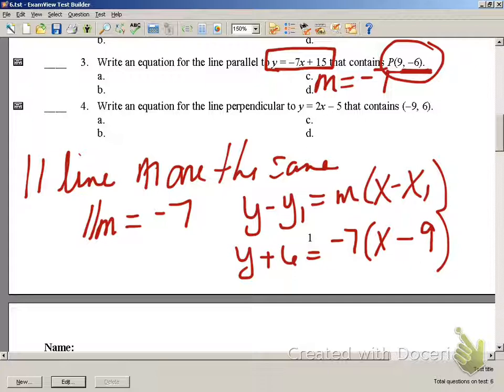Now it doesn't tell me what form to put it in, so technically I'm done. It just says write an equation. That is an equation of a line that is parallel and going through the point 9, negative 6. If it asks me to solve for slope-intercept, I'm going to solve for y. Distribute, move everything, and get y by itself. If I have to put it in standard form, I'm going to distribute and get x and y on the left-hand side.